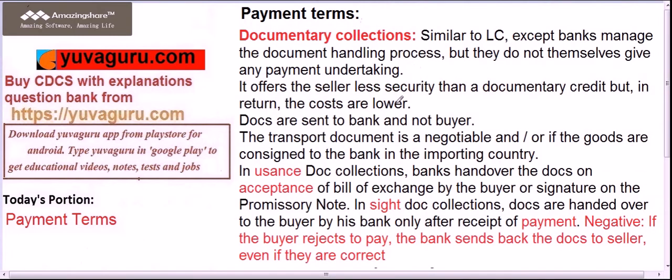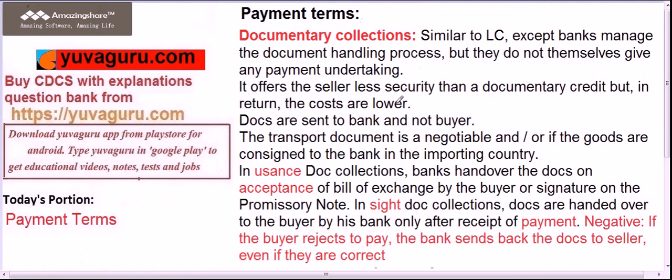Next is documentary collection. In this, it is similar to that of the LC. The only difference is the bank does not guarantee any payment. It just acts as an agent. Here also, the seller sends the documents to the bank. The bank does not check the documents. See, in LC they used to check the documents.